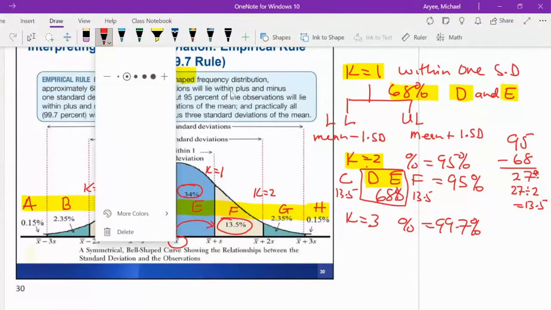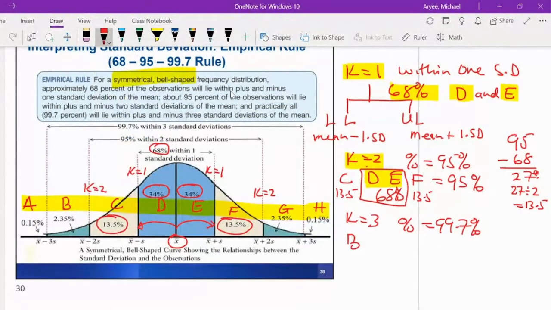It means that you are looking at B, C, D, E, F, and then G. We know from C up to F it's 95%. So now we need to know what is B and what is G.